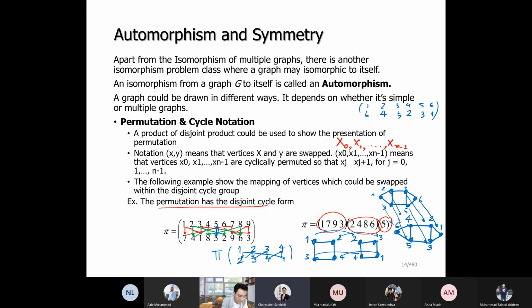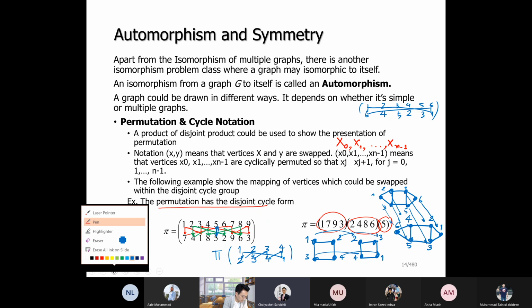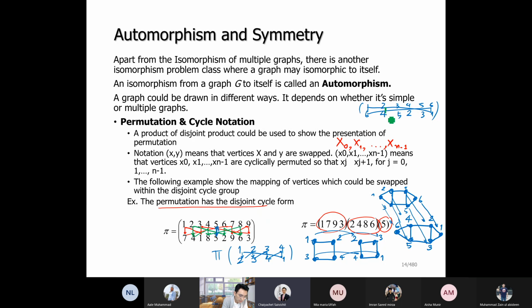We have 3 cycles, right? 1, 6, 6, 1, and we have 2, 4, 4, 2, right? And we have 5, 3, 3, 5, right? This is 3 cycles.